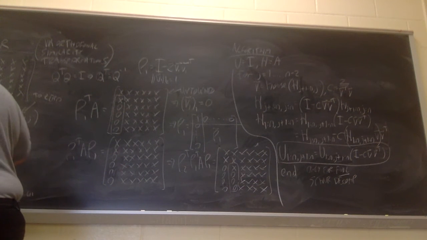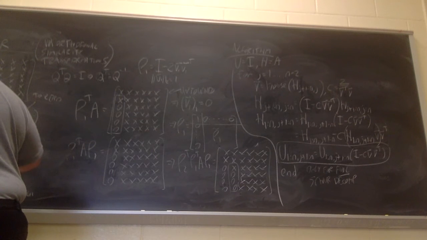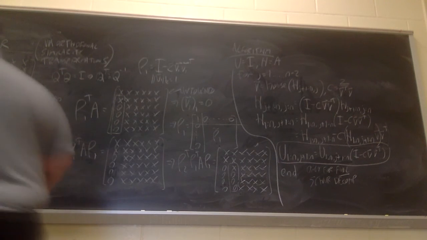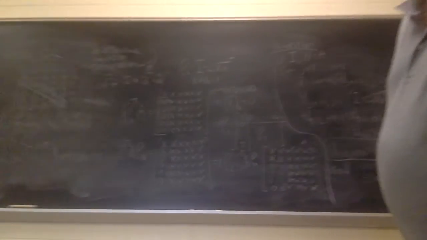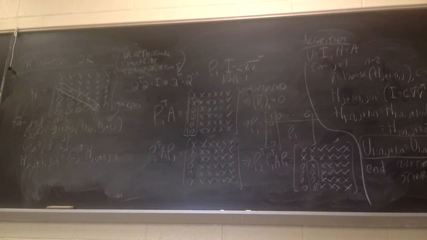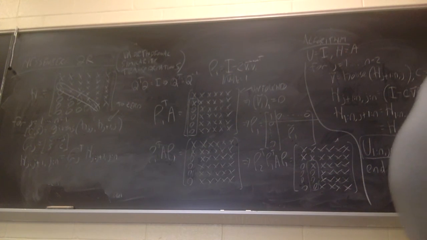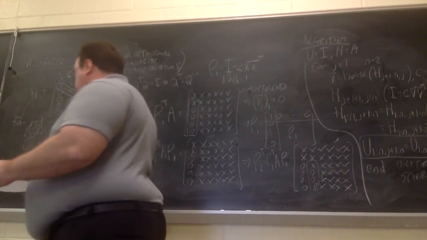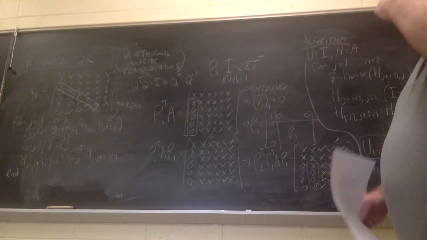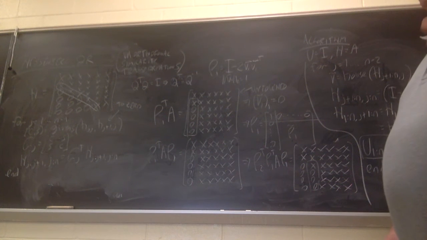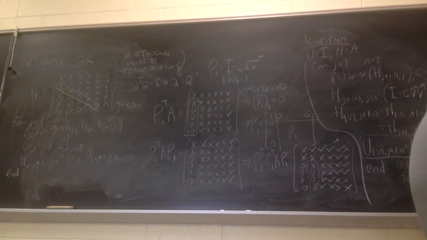So I multiply on the left by G_j transpose. I'm rotating rows j and j plus 1 just to wipe out that entry. So this is enough to compute the QR factorization, or at least it gives me the R part. It reduces H to upper triangular form.